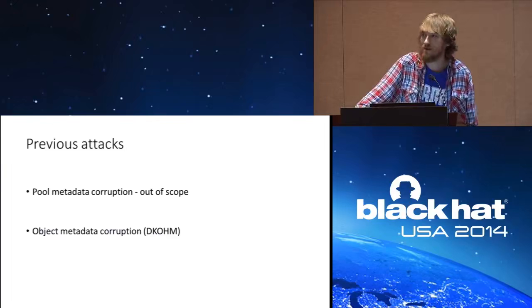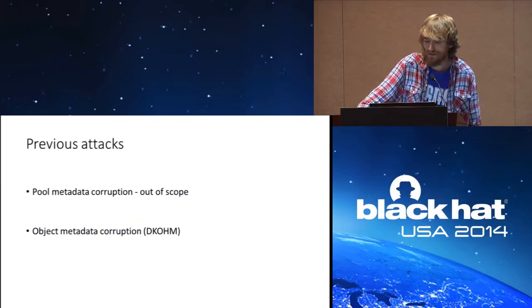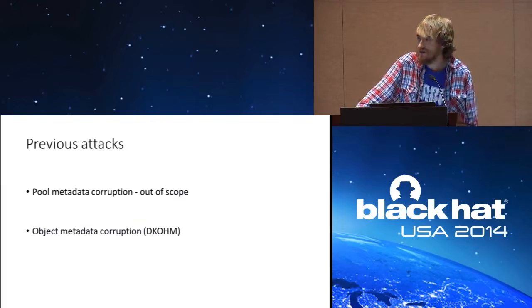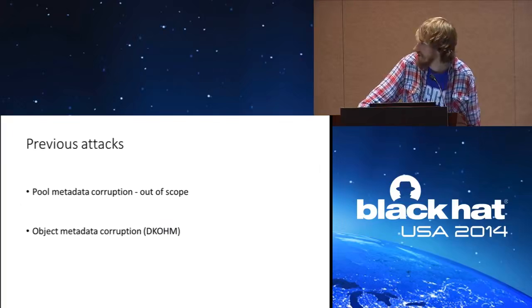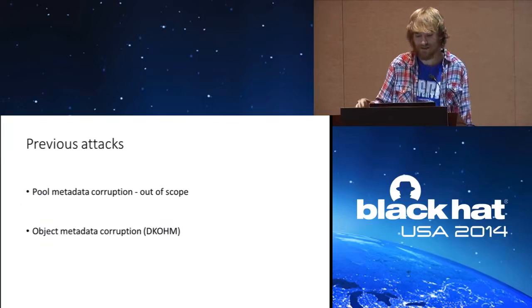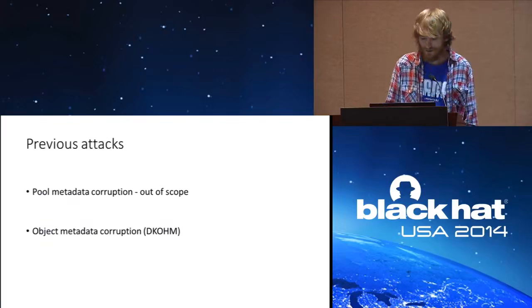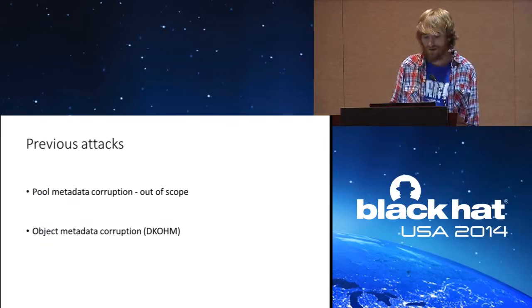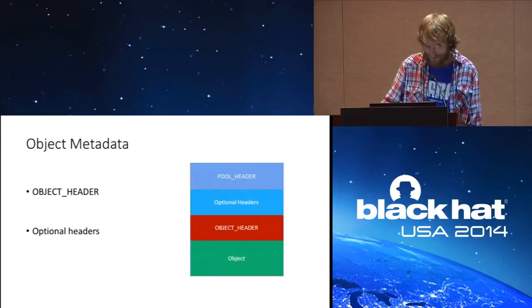On Windows 7, he discovered a lot of techniques. On Windows 8, Microsoft eliminated almost every technique, and on Windows 8.1, it's even harder to exploit pool overflows using pool metadata corruption techniques. So let's take a look briefly at object metadata corruption.